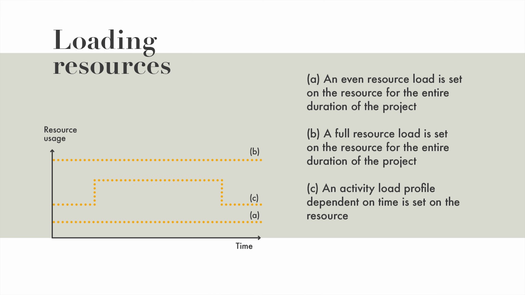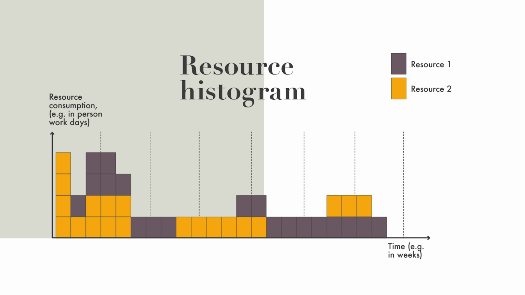Or we can let the resource load vary over time in the project, such that, for instance, we use the resource a bit less in the beginning, a bit more in the middle, and less again towards the end. The result of resource loading is often shown as a resource histogram, like you can see on the screen.